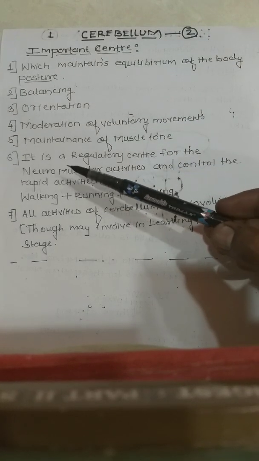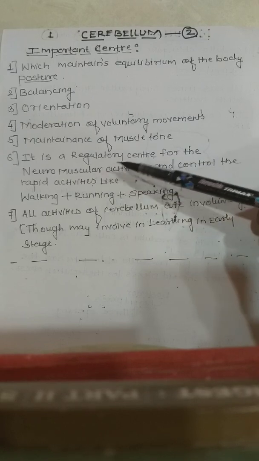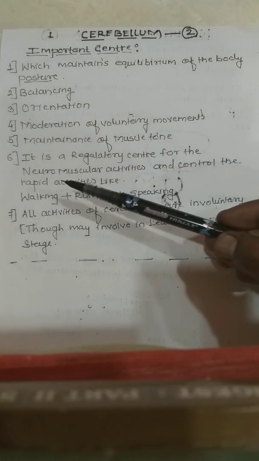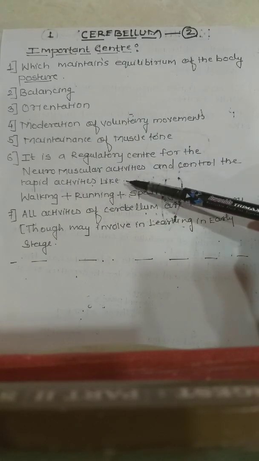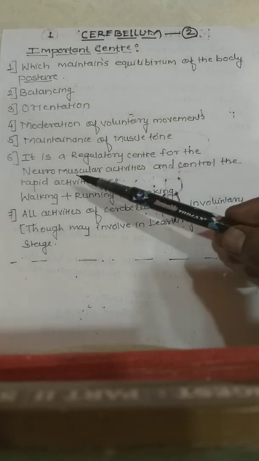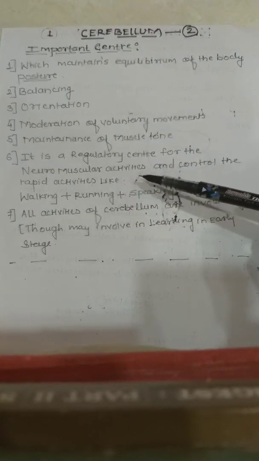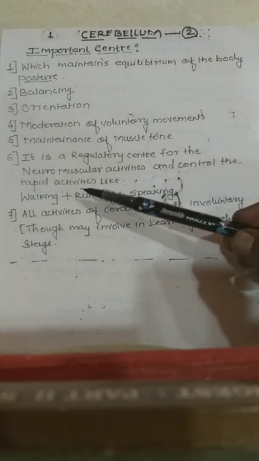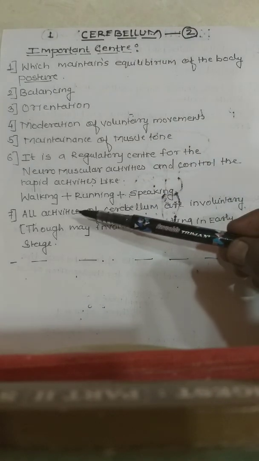It is also a regulatory center for neuromuscular activities and controls rapid activities like walking, running, and speaking. This regulatory neuromuscular center lies in the cerebellum.